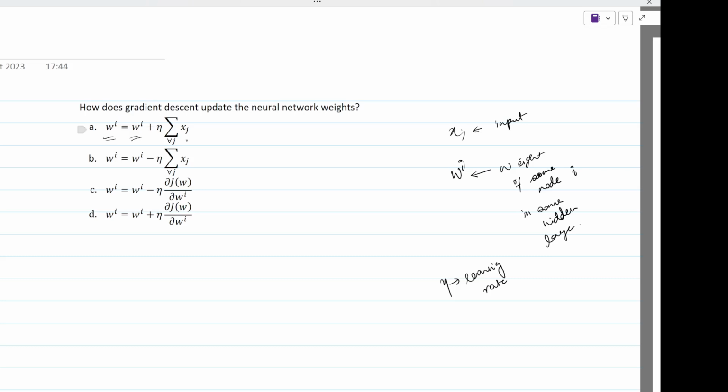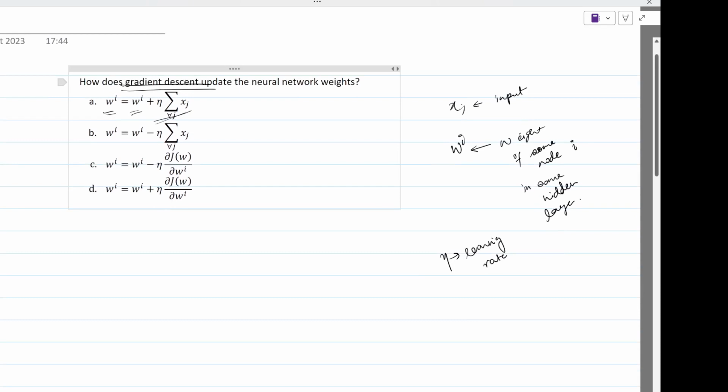Here there is an addition. This is possible only if, as they are saying, it is a gradient descent update. In your neural network, we learnt about loss functions like squared loss and cross entropy loss.